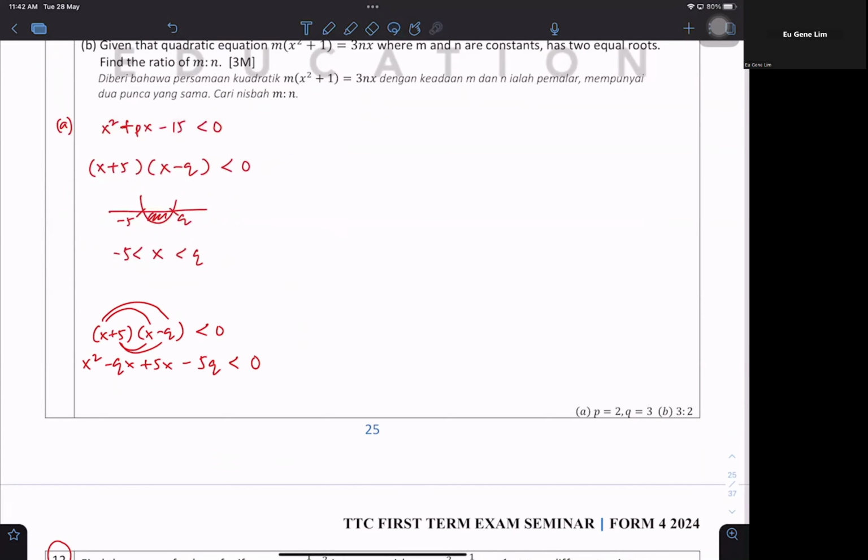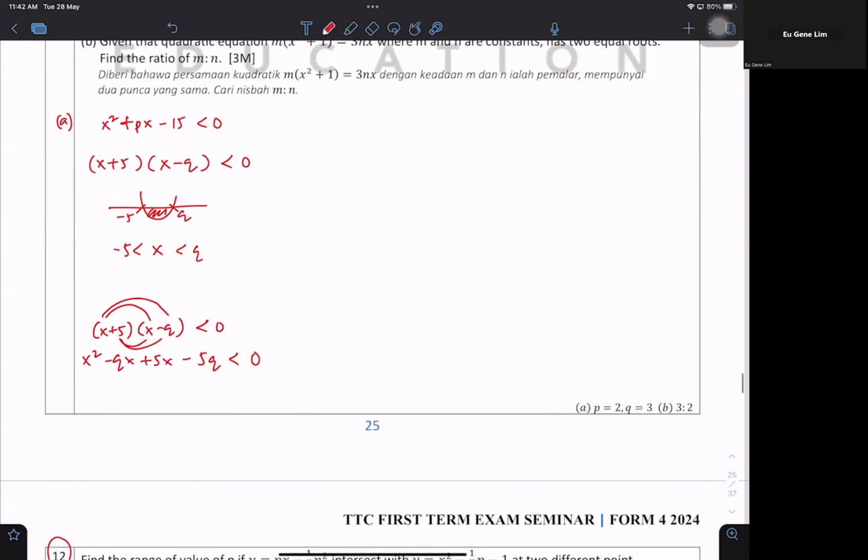Then after you expand, you compare this with this. The last term is negative 15, and the last term is negative 5q. So negative 5q equals negative 15. So q is negative 15 over negative 5, which is 3. Understand?